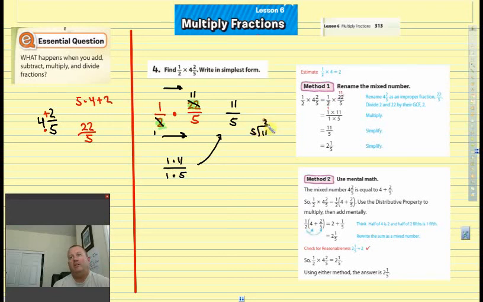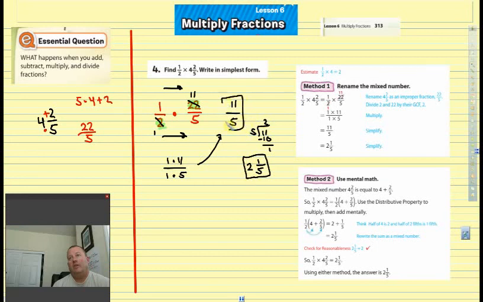It goes twice. 2 times 5 is 10. We subtract, we get 1. Well, how do I write that out? 2 is my whole number because it went in twice. My denominator stays the same, 5. What's left over? 1. 2 1/5.